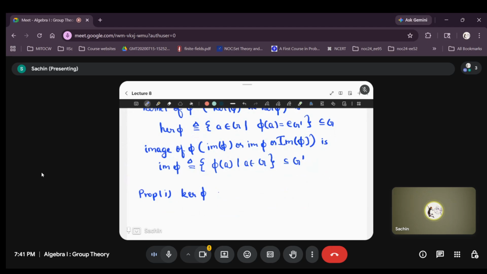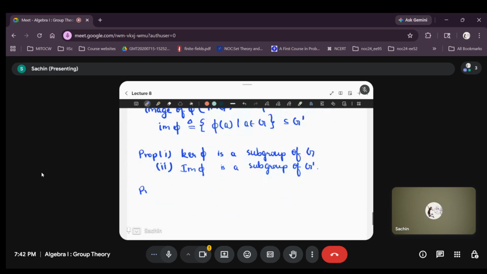The kernel of phi is a subgroup of G, and the image of phi is a subgroup of G prime, where phi is a homomorphism from G to G prime. Can you prove this?